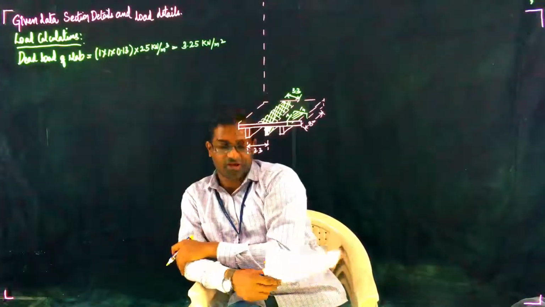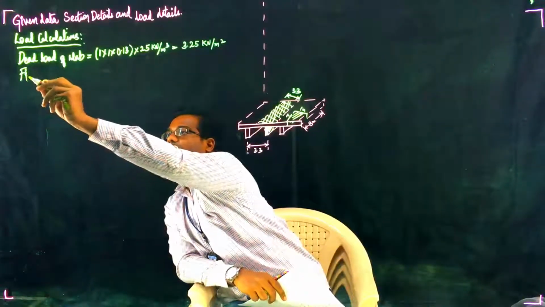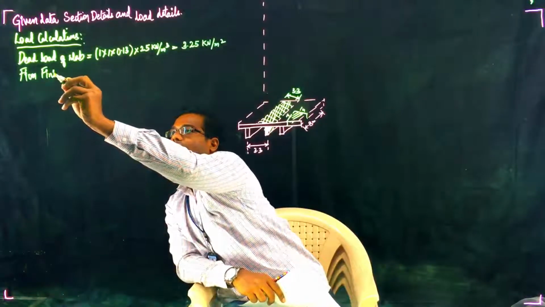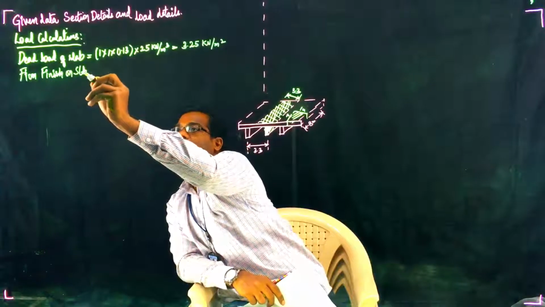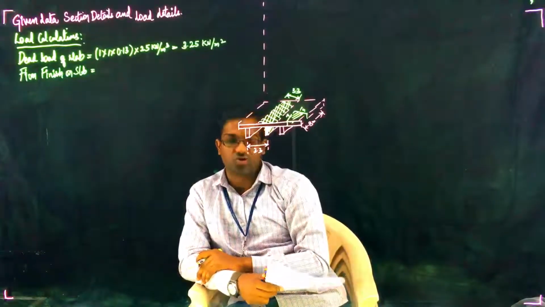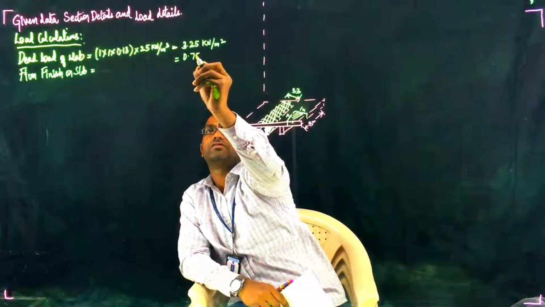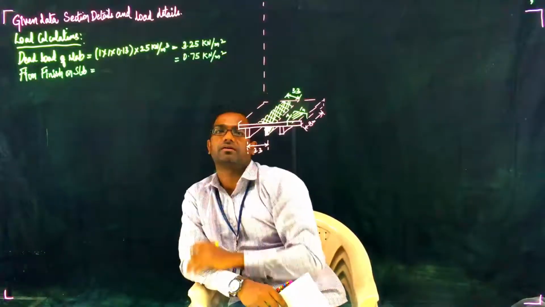Then comes the floor finishings of the slab. Floor finish on slab. For the finish on the slab, in the question it is directly given as 0.75 kilonewton per square meter.